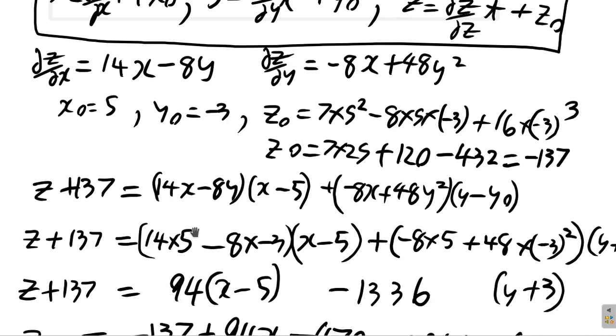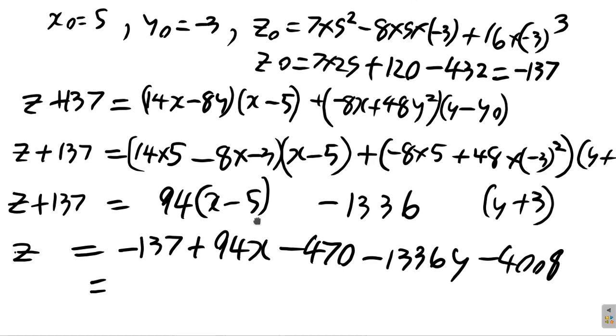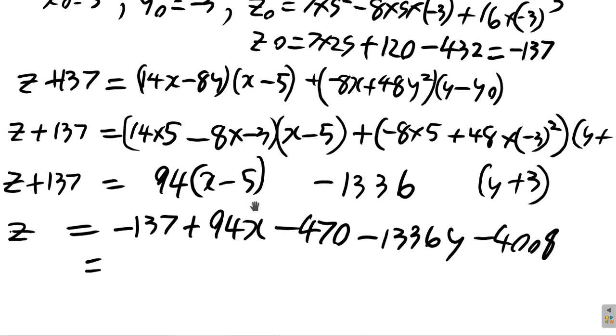But when we put in 5 for x and negative 3 for y, we have 14 times 5, good, plus 8 3s, 24. Okay, 94, right? 94.